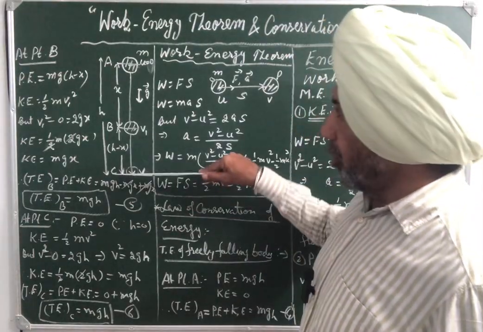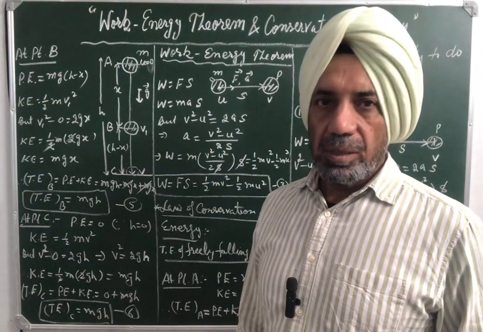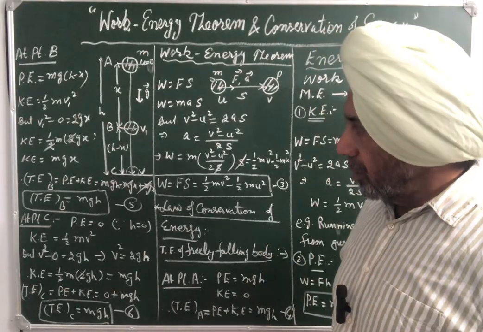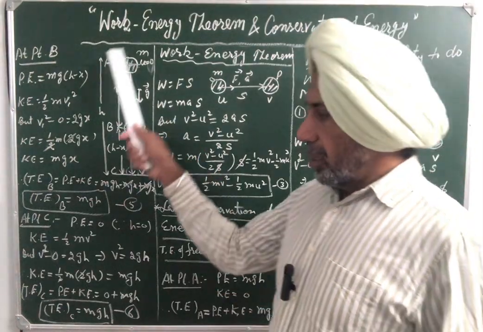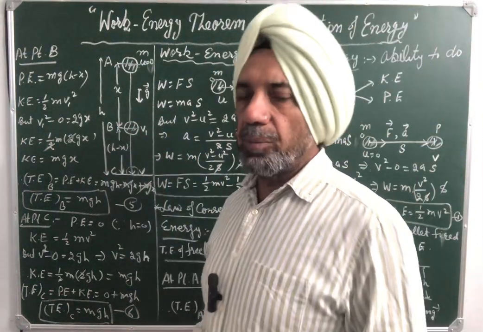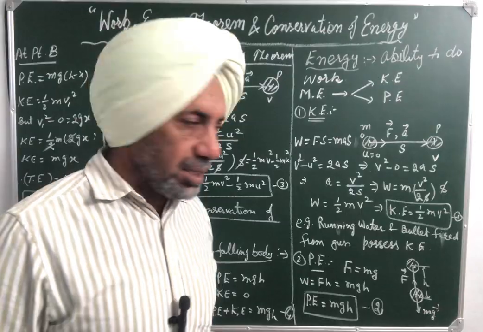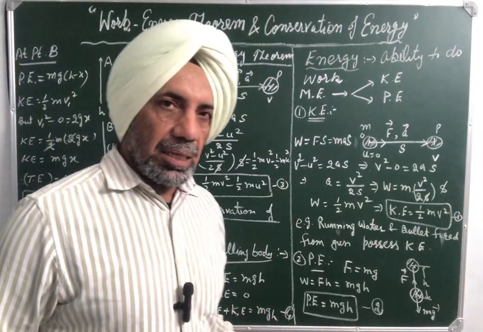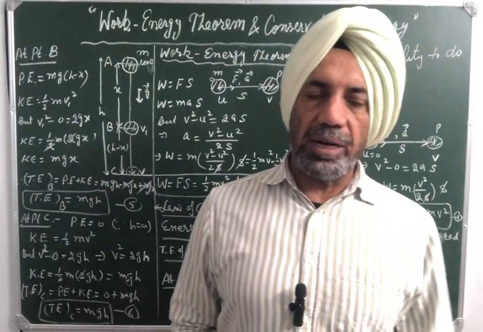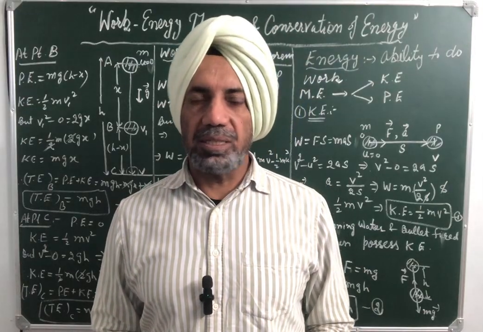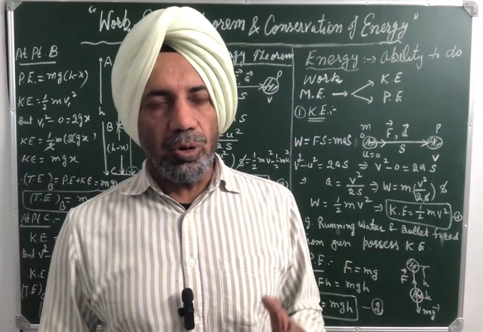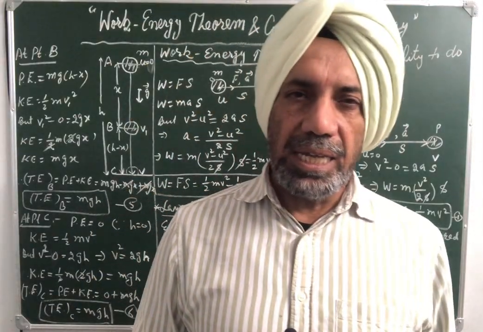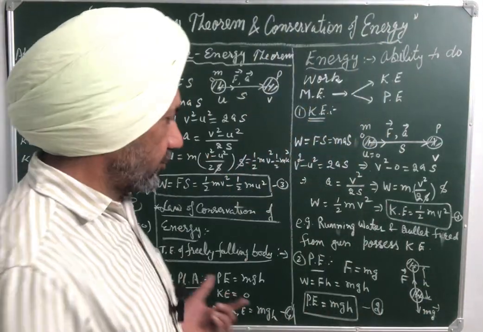When we throw the body upwards, kinetic energy will decrease and potential energy will increase. So it means the total energy of a freely falling body is conserved, constant, and the potential energy of the body is being converted into kinetic energy. This is nothing but the law of conservation of energy. So the total energy of a freely falling body is always conserved.